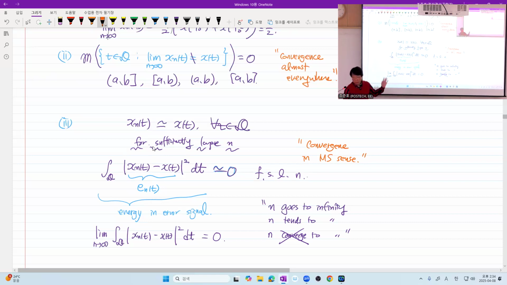But they have generalized this for p larger than 1, any real number p larger than 1, and they renamed this convergence as convergence in the pth mean.